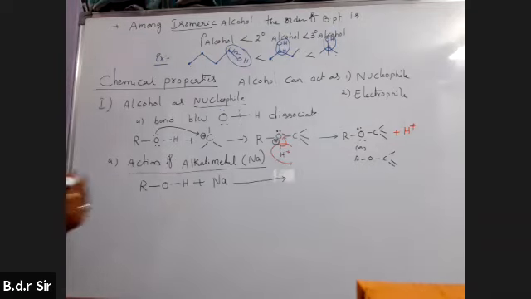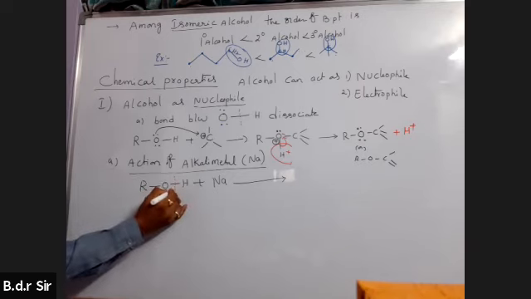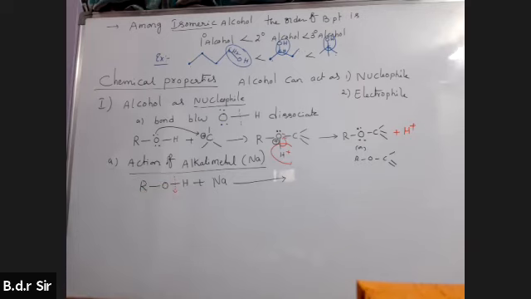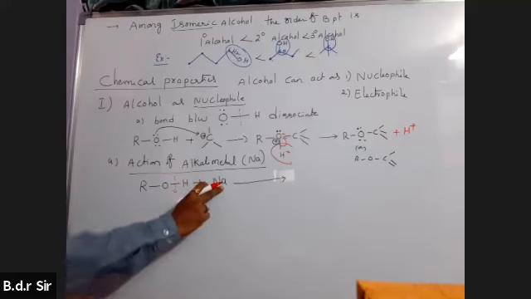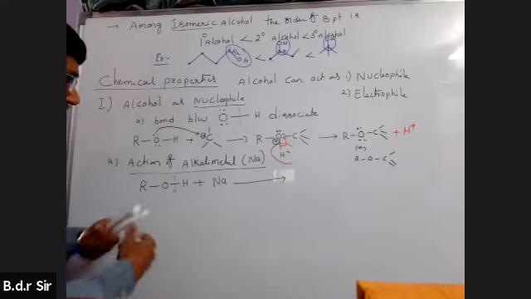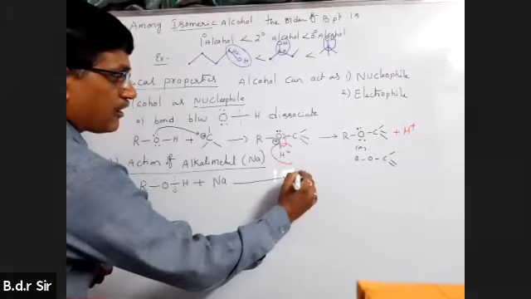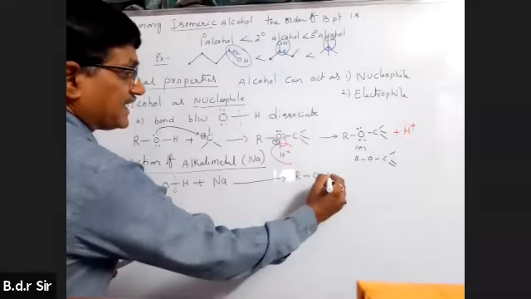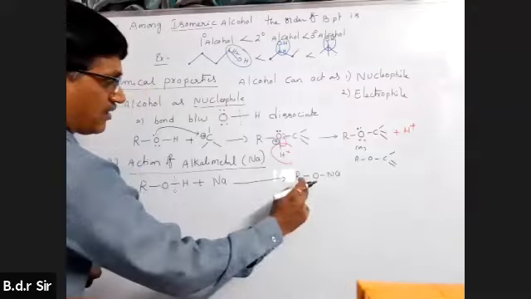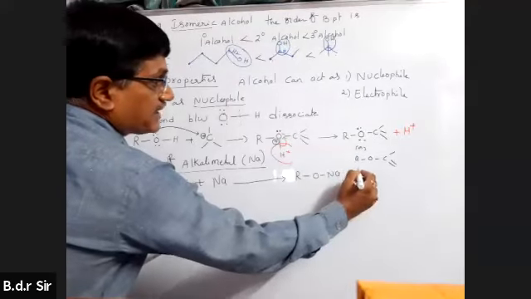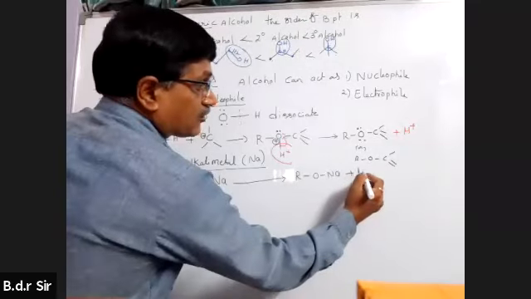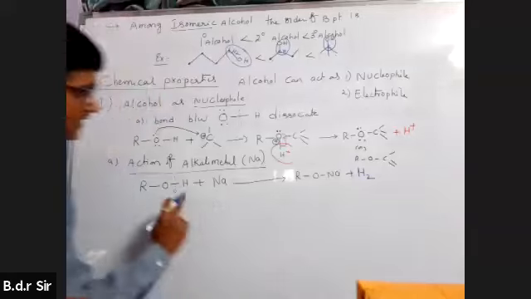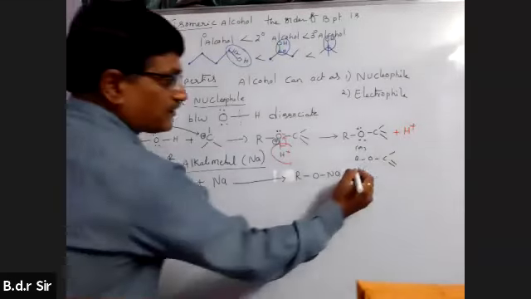Here it is involved in breaking the bond between oxygen and hydrogen, which means hydrogen is displaced by sodium. It gives RONa, sodium alkoxide, with liberation of hydrogen. Here how many hydrogens? One. So you take half.